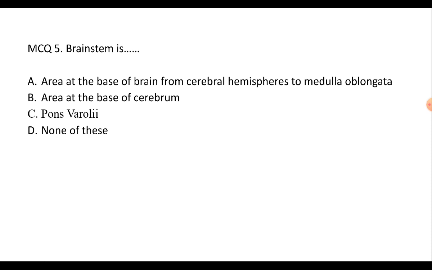Brainstem is the area at the base of the brain from cerebral hemispheres to the medulla oblongata, or is it the area at the base of the cerebrum, or is it pons varolii, or none of these? Brainstem in the brain is the area at the base of the brain from cerebral hemispheres to medulla oblongata. That is answer A.